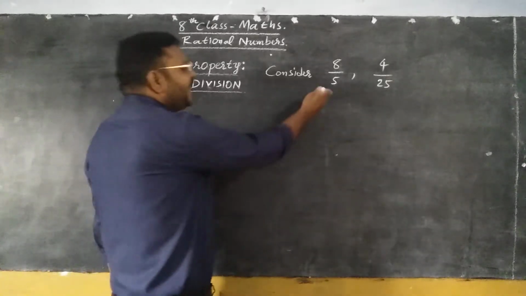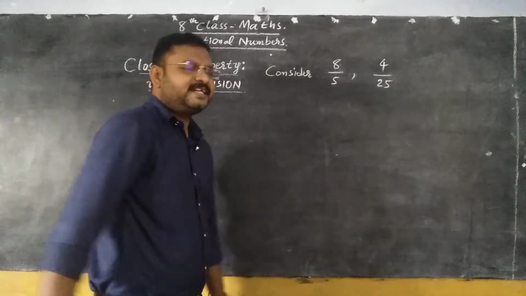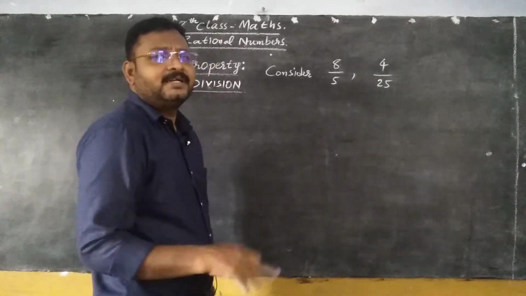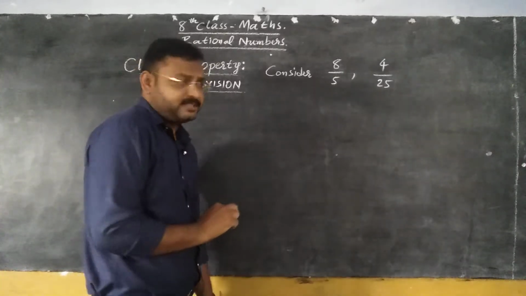Rational numbers means fractions. 8 by 5 is a rational number. 4 by 25 is also a rational number. And do the division of these two rational numbers.